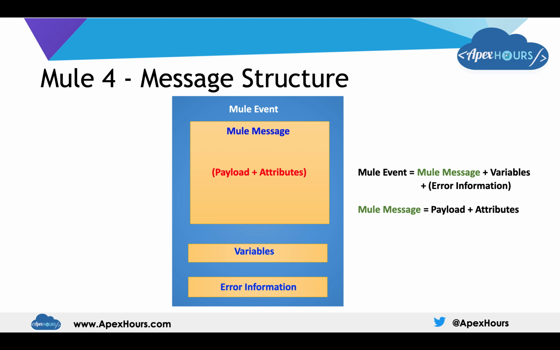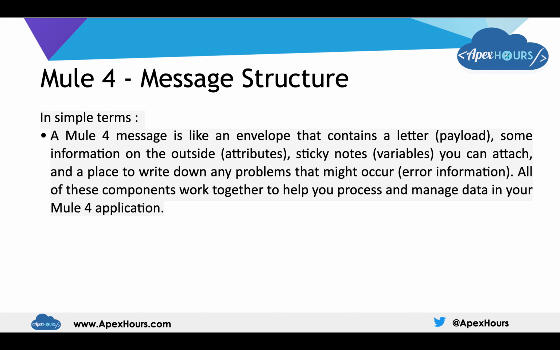You have to understand there are just three things. A Mule event contains a Mule message, variables, and error information, and in turn the Mule message is the combination of payload and attributes. In simpler terms, I am trying to explain this in layman's language: a Mule 4 message is like an envelope that contains a letter, and that letter you can call the payload.